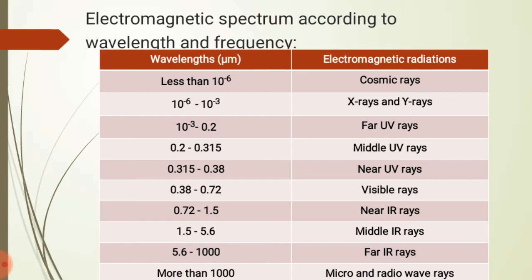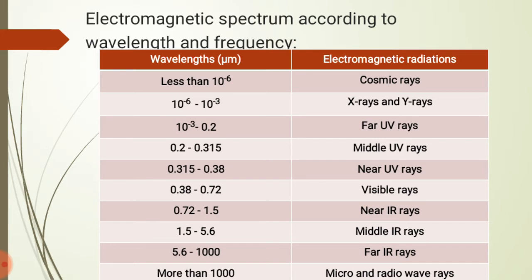The second electromagnetic radiation is the X-rays and gamma rays. The wavelength of the X-rays and gamma rays lies between 10 to the power minus 6 to 10 to the power minus 3 micrometer. The third electromagnetic radiation is the ultraviolet radiation, but it consists of three different parts, that is the far, middle, and near UV rays, and they have different wavelengths.